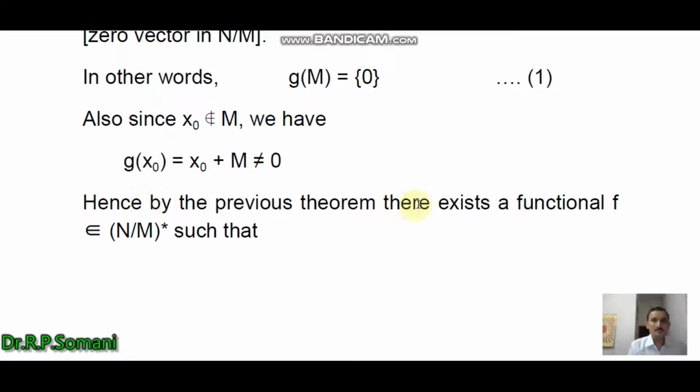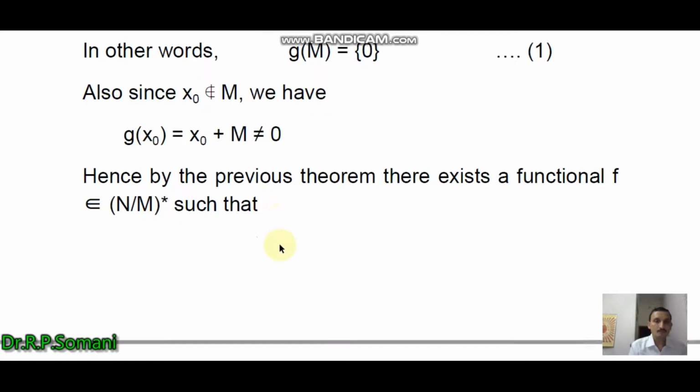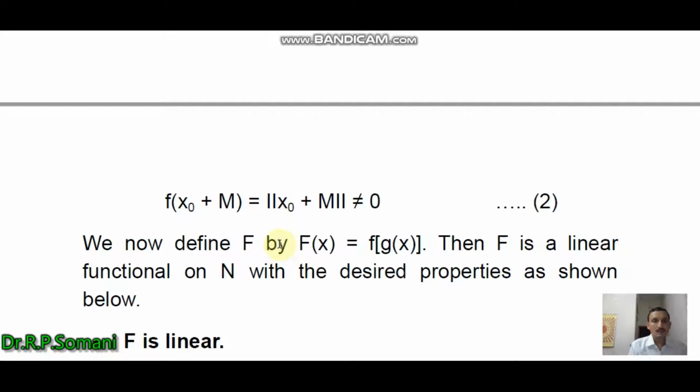Hence by the previous theorem, there exists a functional f belonging to (N/M)* such that f(x0 + M) = norm of (x0 + M), and this is not equal to 0. We denote this by equation number 2.